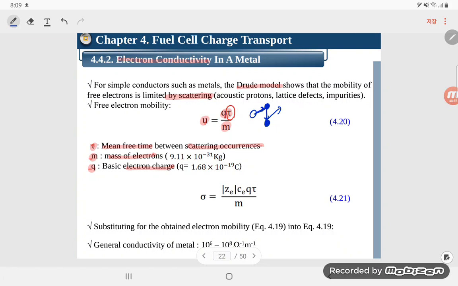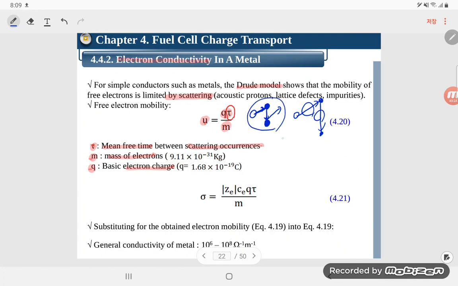The time between this bumping or scattering is tau. So if it is a coarse lattice, then it has a higher mean free time than this one.